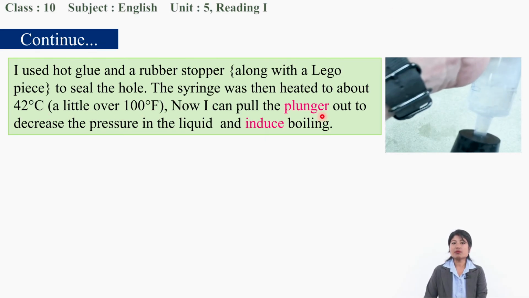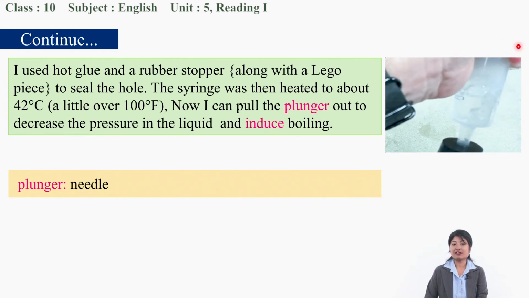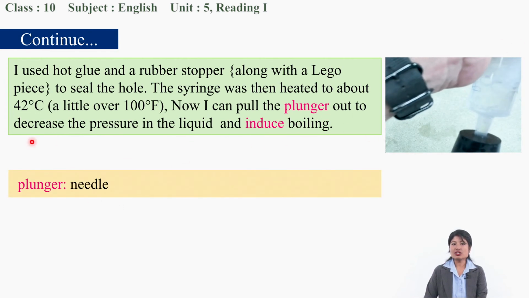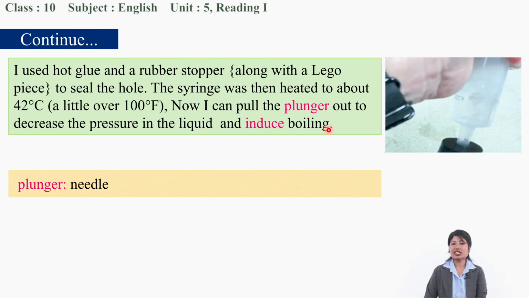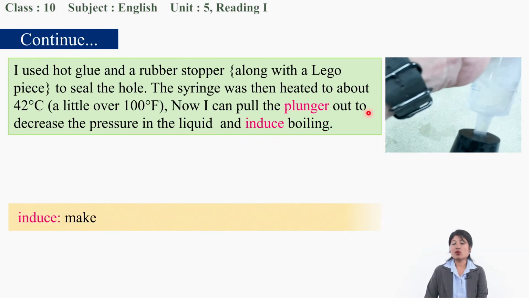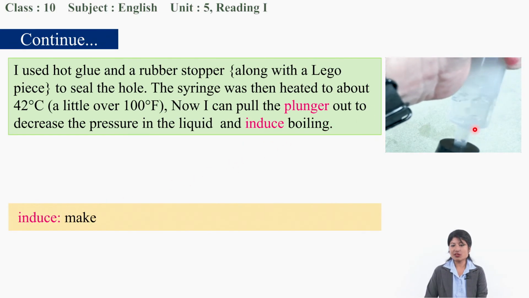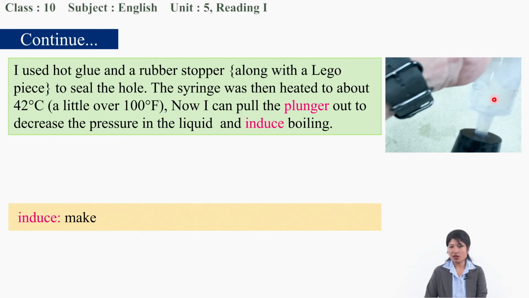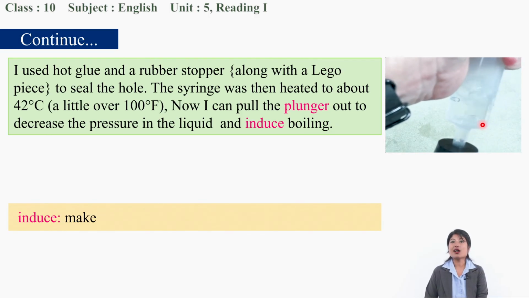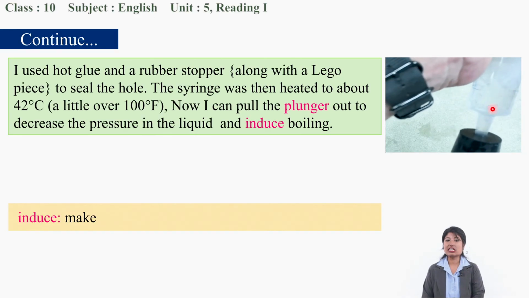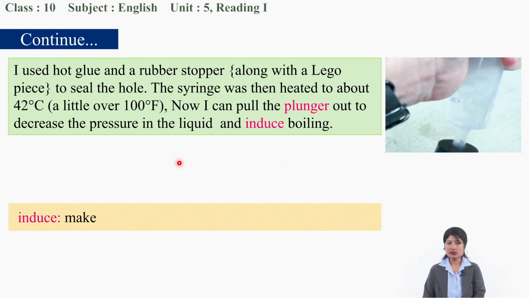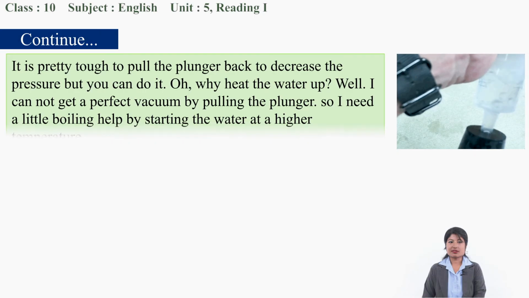Now I can pull the plunger out to decrease the pressure in the liquid and induce boiling. Okay, see here, boiling is possible. The water bubbles are formed without heating, without increasing the temperature, with this process.